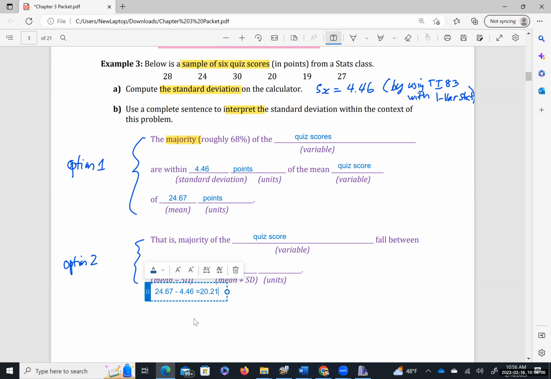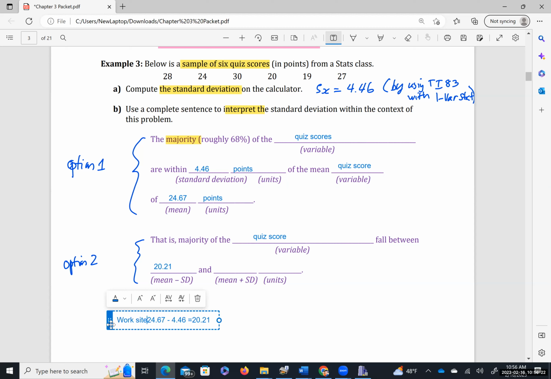20.21. Yeah. So I'm going to put 20.21 in here, and then use another one, 24.67, and add 4.46. That's going to give you 29.13.